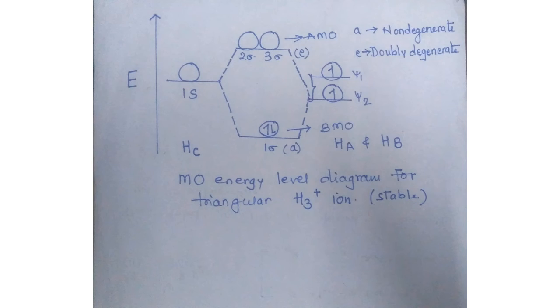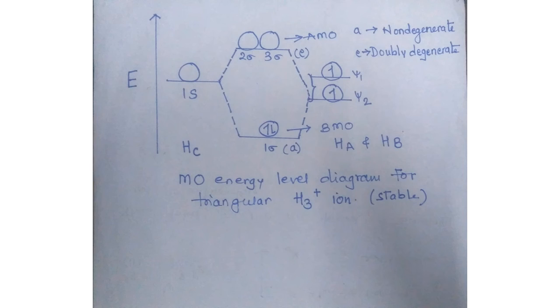What we see is the difference, that is 2 sigma which was earlier non-bonding in trihydrogen atomic molecule. Now that 2 sigma is elevated and slightly gone up, whereas 3 sigma which was anti-bonding in trihydrogen plain molecule has slightly come down.